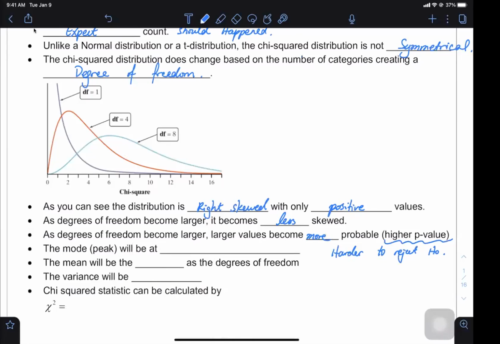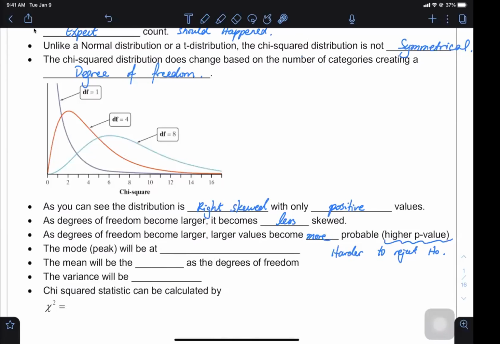Remember that our type 1 error is alpha, which is set by the significance level, so we have full control over that. The second error, the type 2 error, we have no control over, but we always want to make it as small as possible.